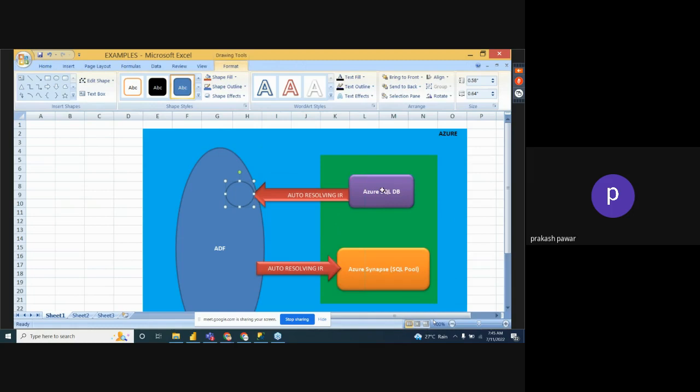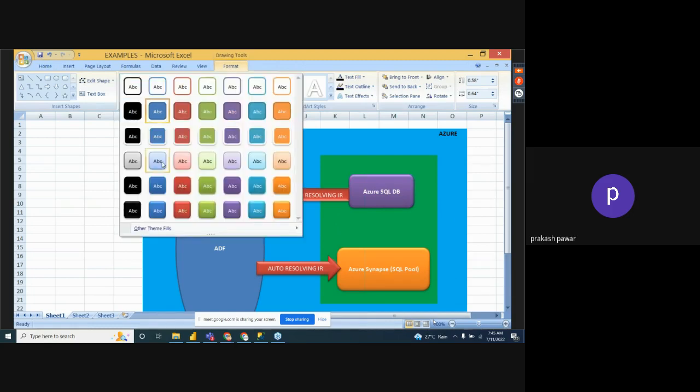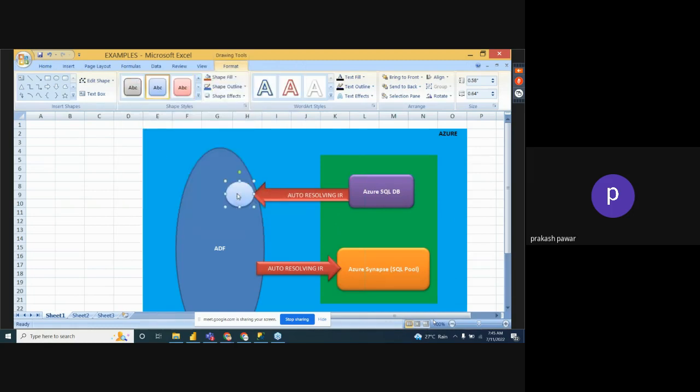Whenever I remove the ADF, the linked service will also get removed. I mean, the connection information will be removed. Same way, another link.